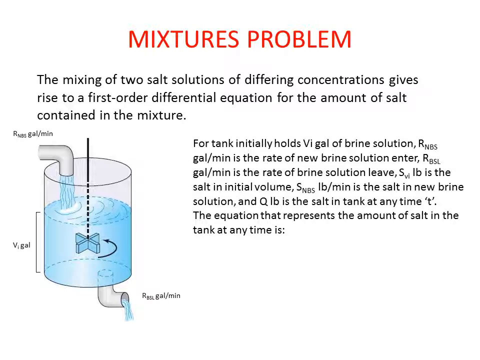So R, with lower right index NBS. NBS stands for new brine solution. So R represents the rate of new brine solution, in gallons per minute.